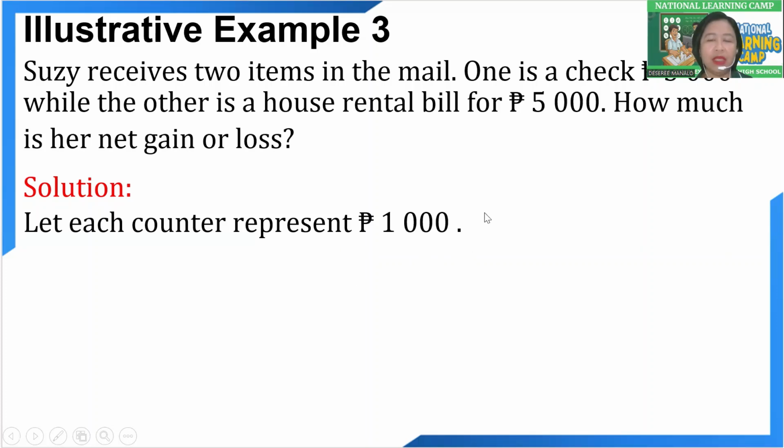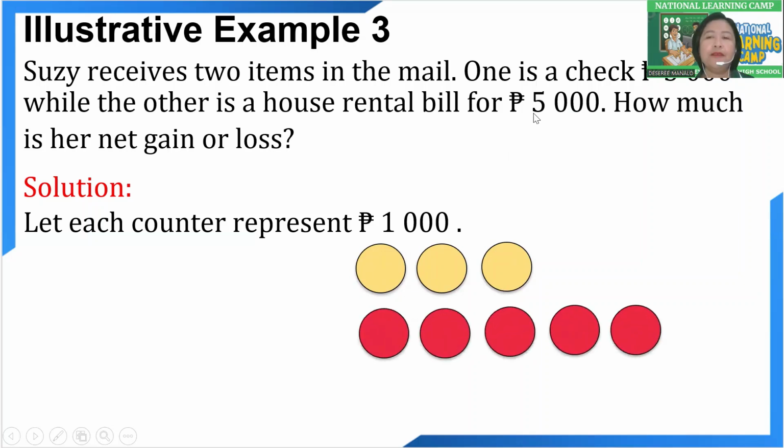How many positive colored counters is 3,000? Let's find out. So 3 colored counters, represent this as positive. Another one, 5,000 pesos, since she will pay a rental bill for 5,000 pesos, so 5 red colored counters.